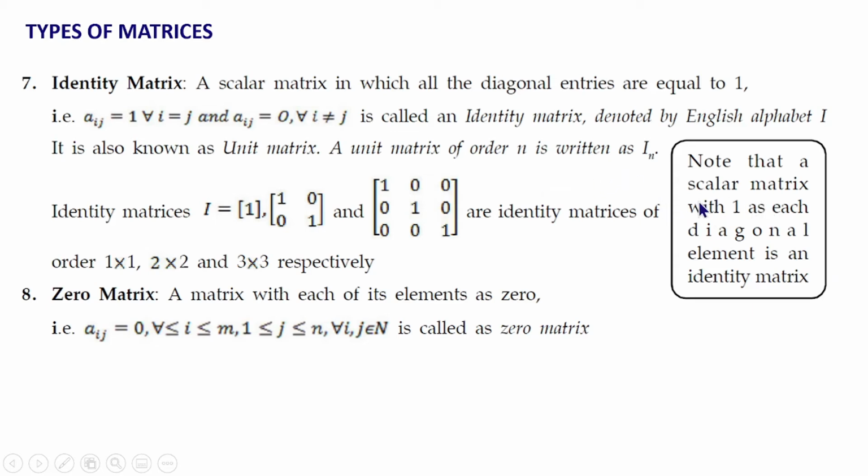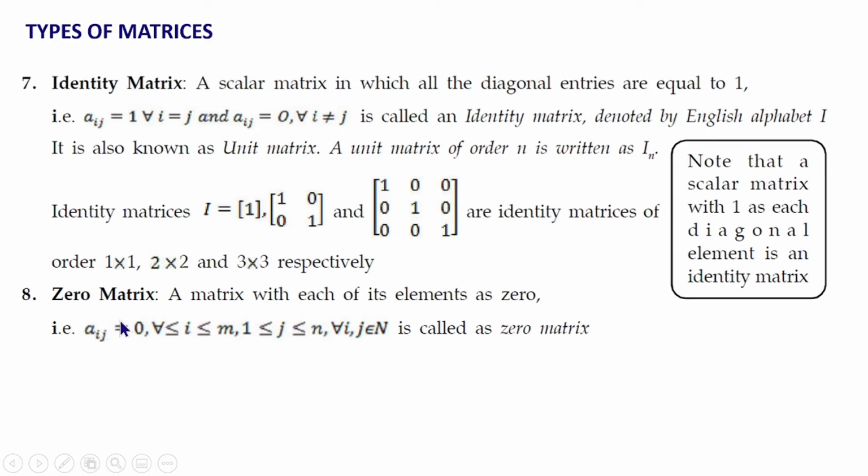Also we can say that a scalar matrix with 1 as the diagonal element is called an identity matrix. So these are examples of identity matrices. This is an identity matrix of order 1. This one, 1 0 0 1, is an identity matrix of order 2, and 1 0 0 0 1 0 0 0 1 is an identity matrix of order 3.